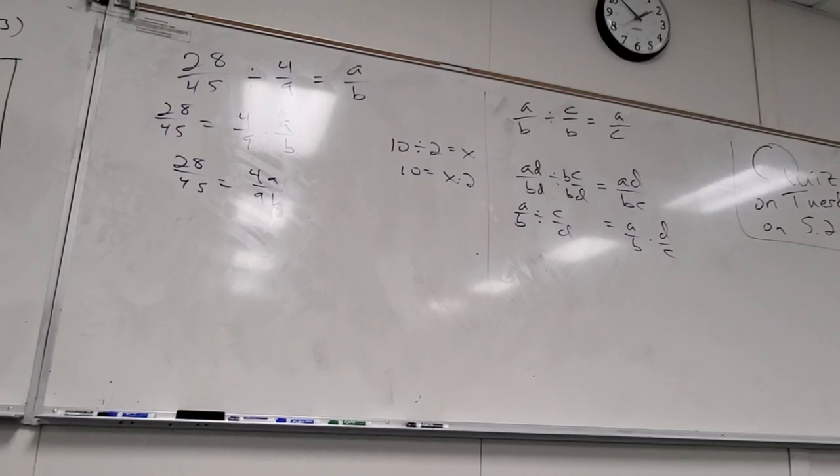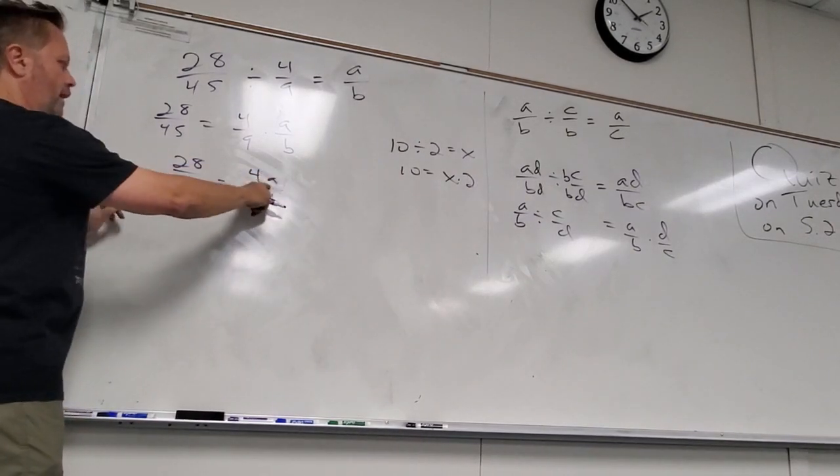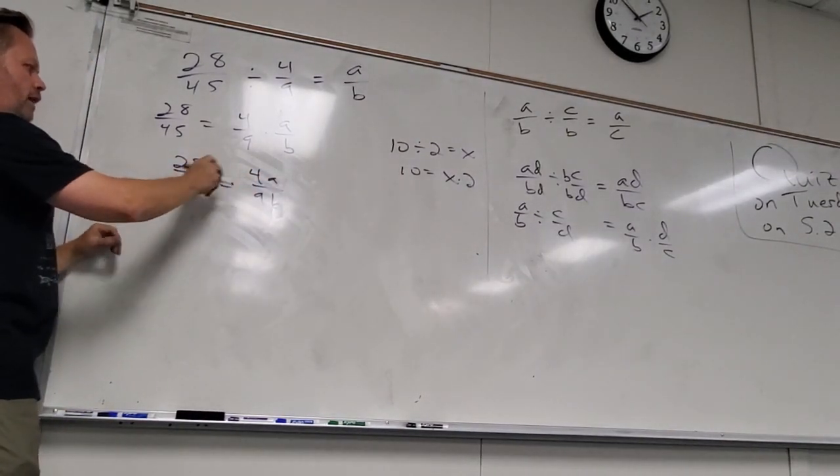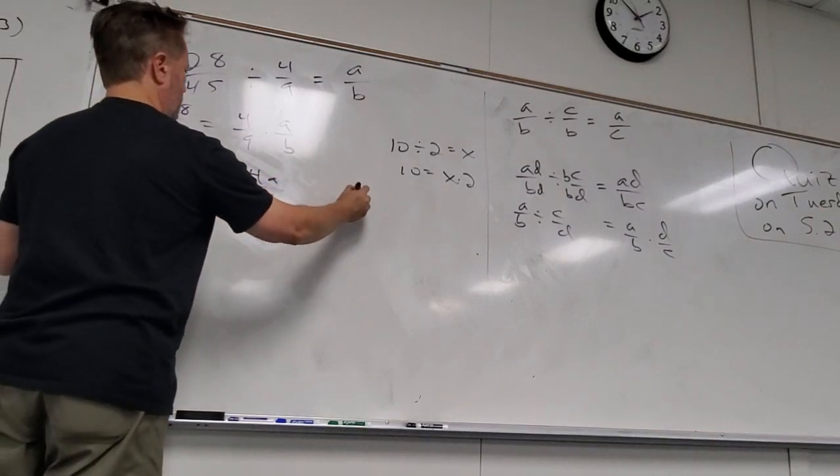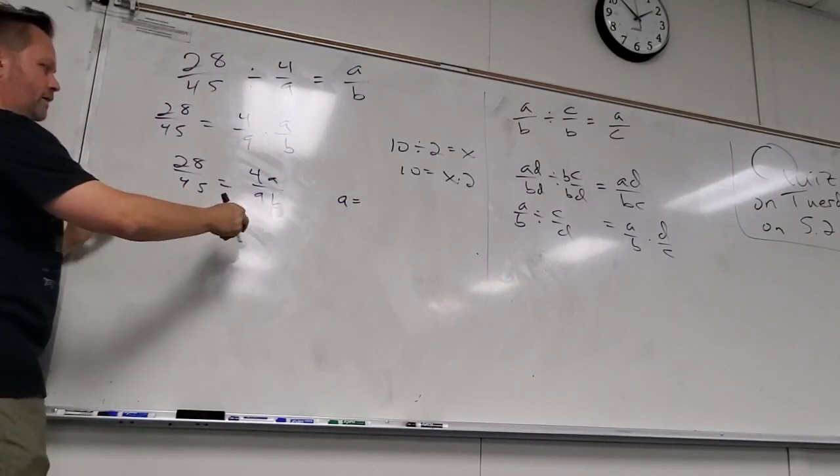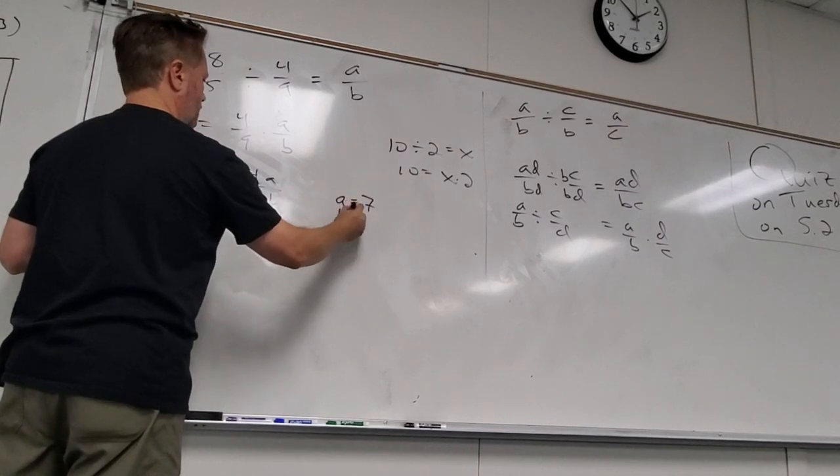Now, this one's cheating a little bit. You guys might be able to tell because the numbers work really nice. But again, you're going to pick some nice examples when you're first starting to talk about a concept. So what would A have to be? Well, 4A has to equal 28, so A has to be 7. And what's B have to be? 5.